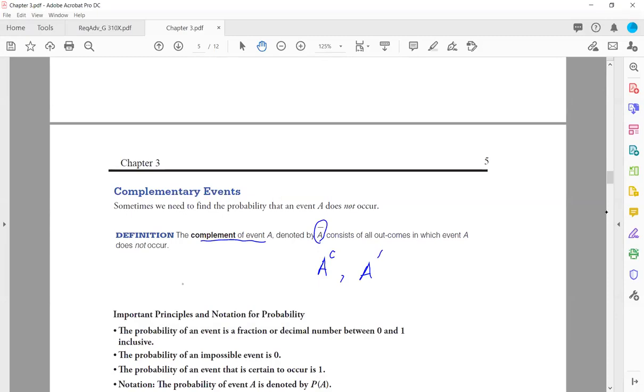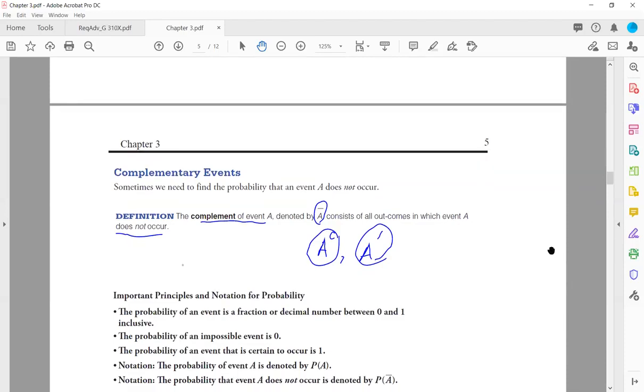If you open a different probability or statistics book, you might see these representing the complement or opposite of an event: A bar, A complement, A prime. It consists of all outcomes in which event A does not occur. That's the definition of a complement of an event.